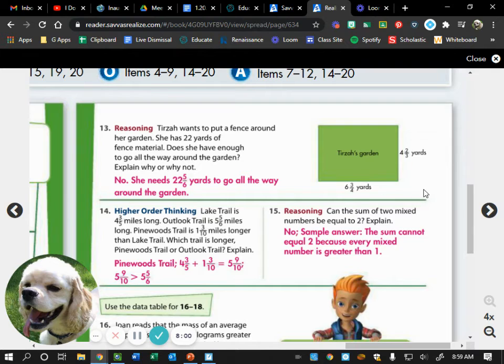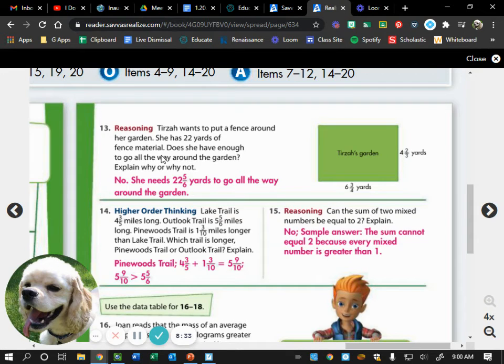So then we would need to figure out, okay, then we have an extra 2/3 on the right, an extra 2/3 on the left, an extra 3/4 on the bottom, and an extra 3/4 on the top. So then we would want to go ahead and add 2/3 plus 2/3, and then 3/4 plus 3/4, and then add those two together. Well, if we add 2/3 plus 2/3, we get 4/3, right? So 4/3 is the same as 1 and 1/3.